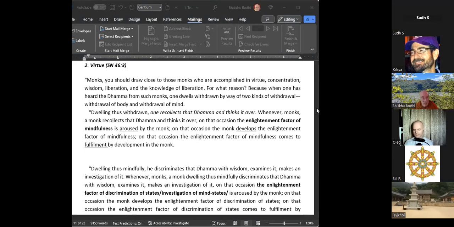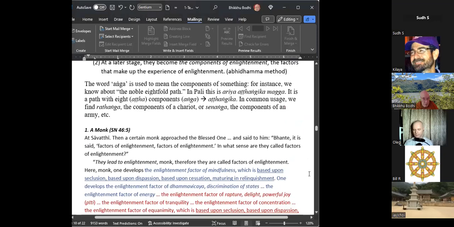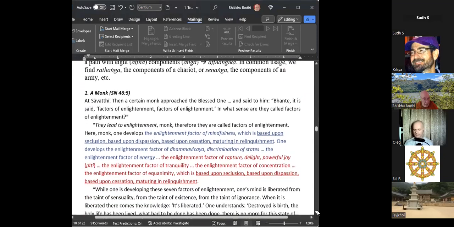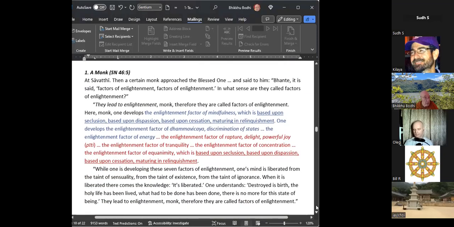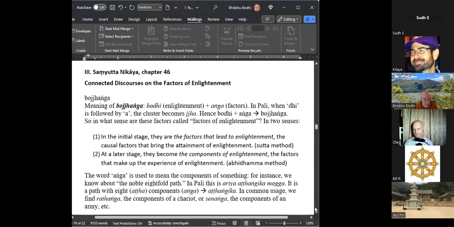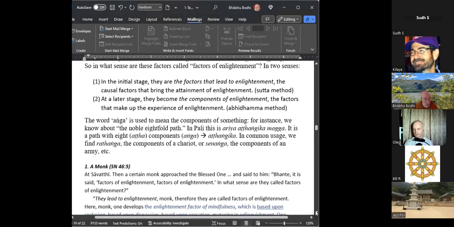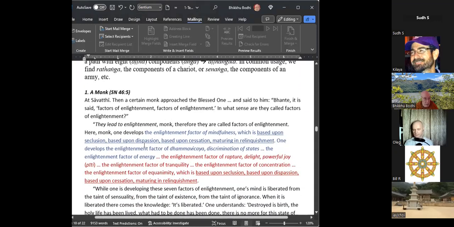Yeah, it looks like there's some close correspondence between the enlightenment factors and the jhana factors. Dhamma vicaya we don't find among the jhana factors, but we have rapture or piti, and of course samadhi is involved in jhana, and then upekkha, equanimity, becomes prominent in the third and fourth jhanas.